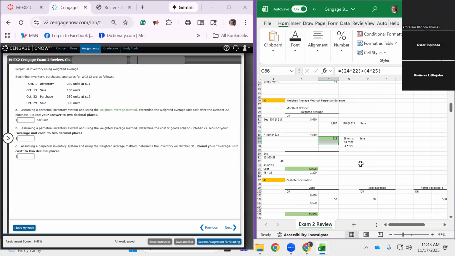So what we've got to do is, there were 130 items and we sold 180. So I'm going to show you a subtotal now. Subtotal is 130 minus 180.